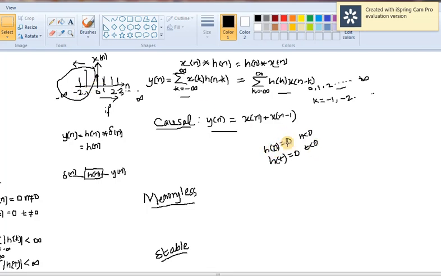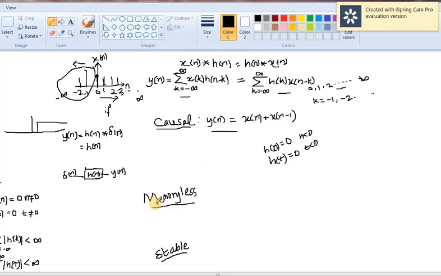The same holds for continuous signals: h of t is equal to 0 for t less than 0. If the signal lies only on the positive side, in whatever extent, then the system is said to be causal. So the condition for causalness is this one: on the left side, there should not be any value of our signal. I hope the causalness is clear.